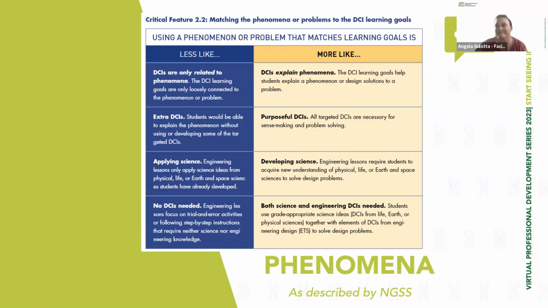Oh, well, great. Yeah, so then you're all in that more like column. Awesome, Christy. Yep, student-led. Yep, even if you don't teach NGSS, how does that NGSS idea, that shift of phenomenon-based learning, how can we see that appearing in a classroom?